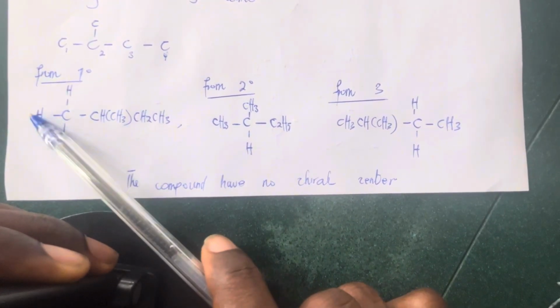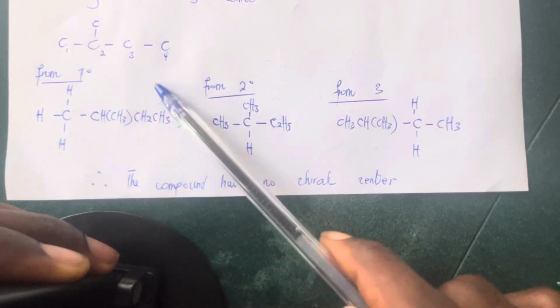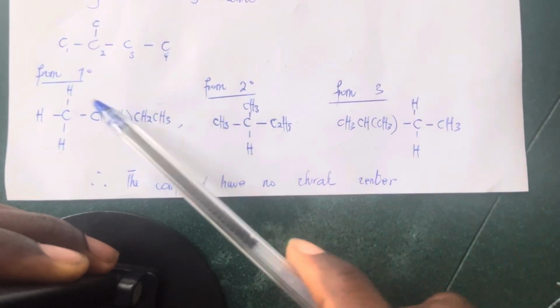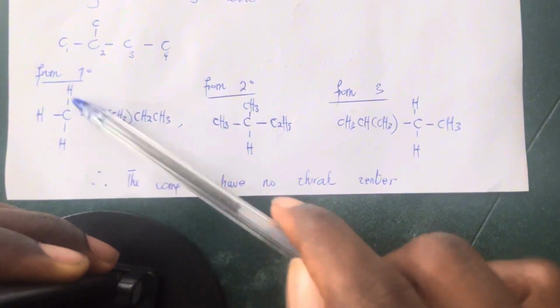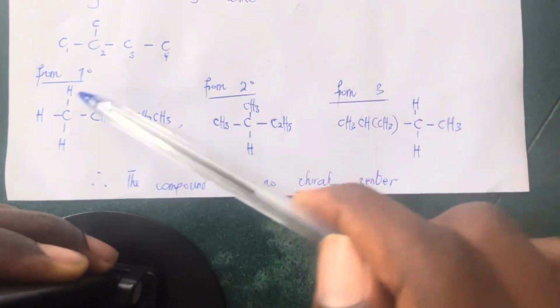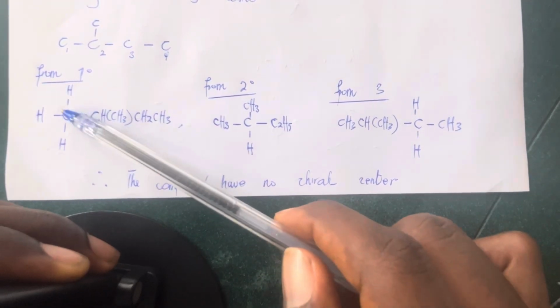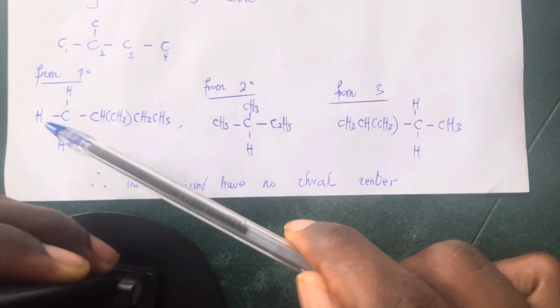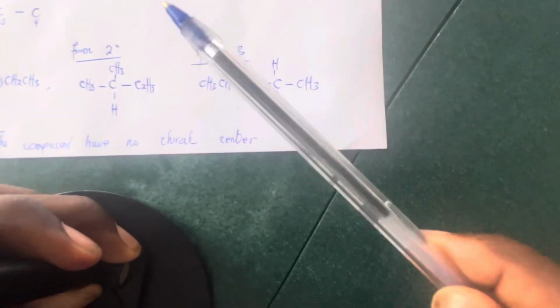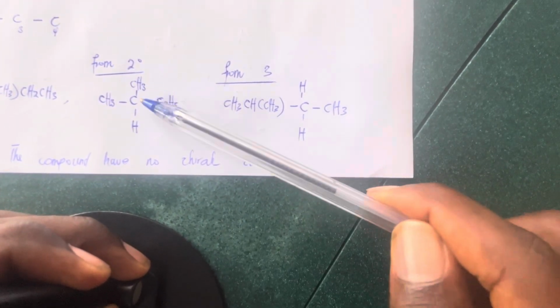Hydrogen, hydrogen, hydrogen. So at that instant, you can conclude that this is not a chiral center, because there are already 3 similar groups bonded to this carbon atom. So that one is out. If you want to save time, there's no need to go further. The moment you realize that there are 2 similar groups bonded to the center, it is achiral.